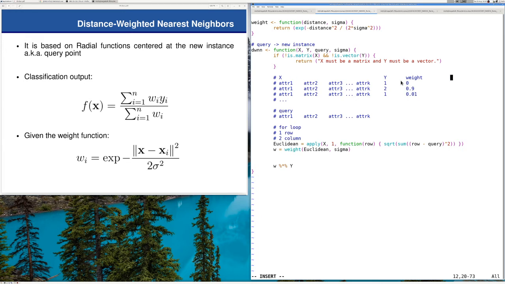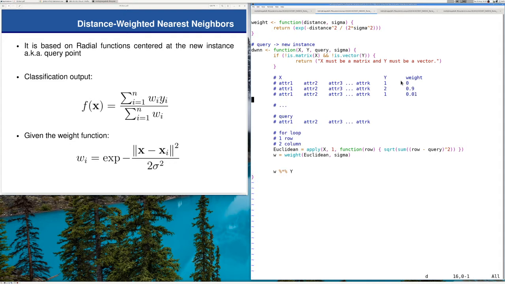When I do y dot product with weights, this is going to result in 1 times 0 plus this 1 times this 0 plus this 2 times 0.9, plus 1 times 0.01.